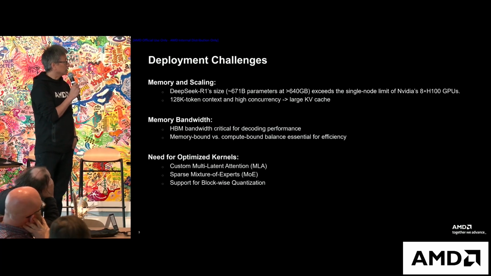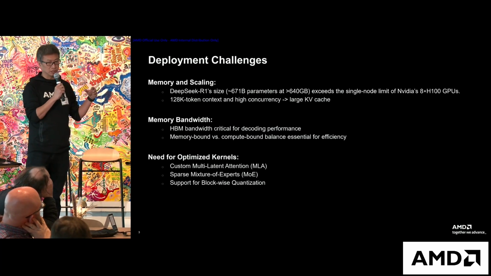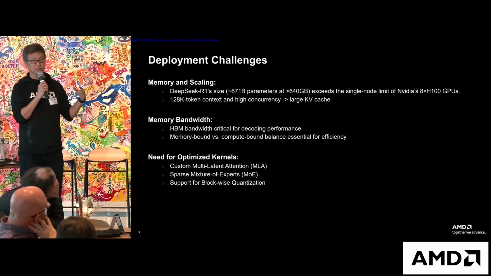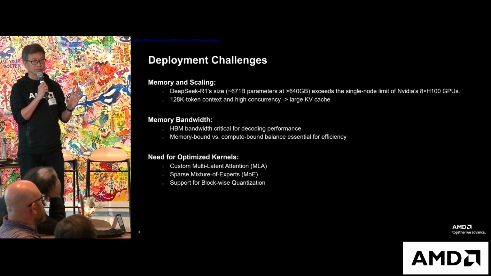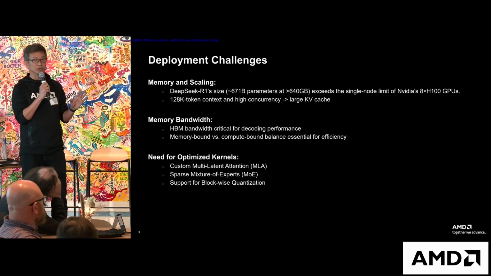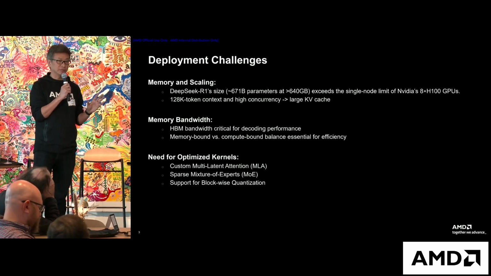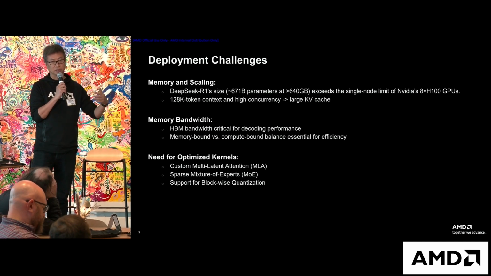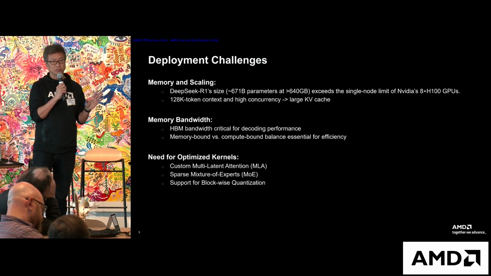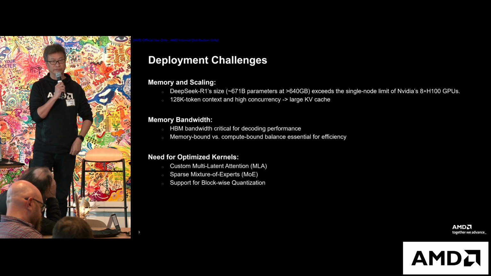The next one is that customers are very interested in it, so they want to push up the performance, especially in online serving, because they want to serve as many users as possible. That means you should serve with very high concurrency, so the KV cache becomes the bottleneck for your performance.